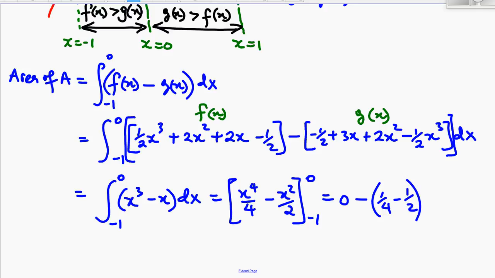If you plug in those limits, that will be a quarter. Good.